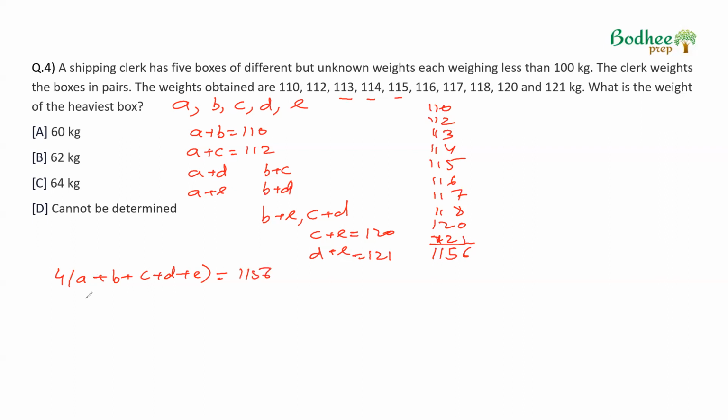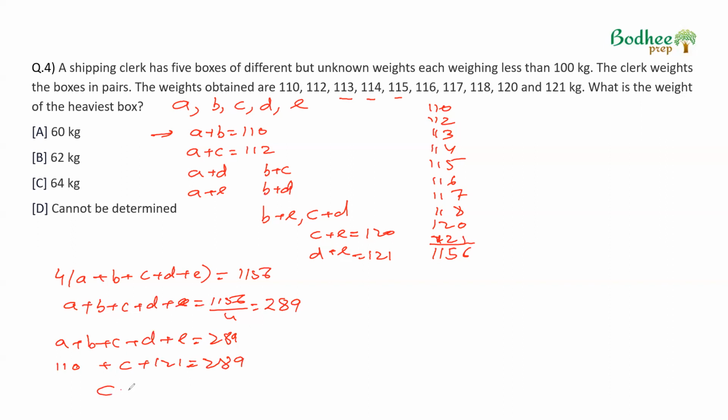So if we divide this by 4, A plus B plus C plus D plus E will come out to 1156 by 4, which is 289. Now A plus B plus C plus D plus E is 289. We know that A plus B is 110 and D plus E is 121.